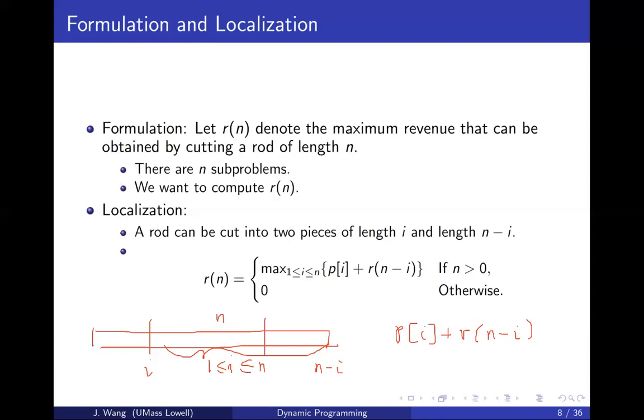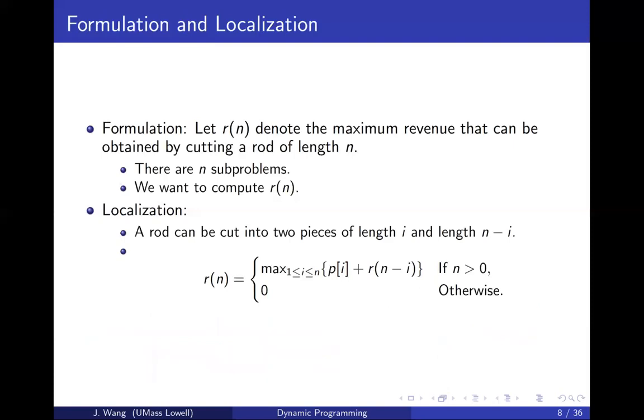But I don't know where this I should be, so what I want is to get the most profit. I want the maximum of this, where I is from 1 to n. When n is greater than 0, I can cut. Hence that's what we get.